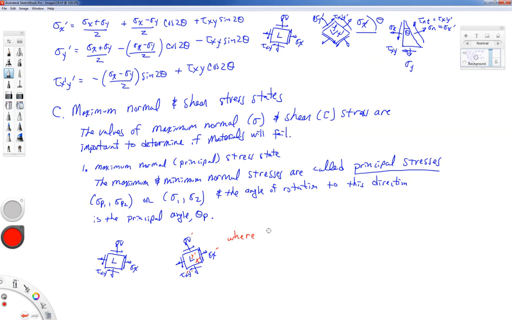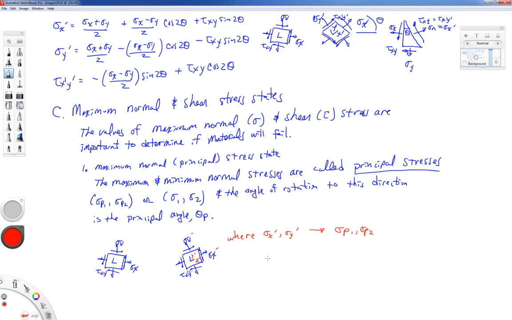Now, I can't tell you right now, until I know the numbers, which ones sigma x prime and sigma y prime are. Sigma x prime could be sigma p1, the maximum, or it could be the minimum, sigma p2. So they turn into the set sigma p1 and sigma p2.